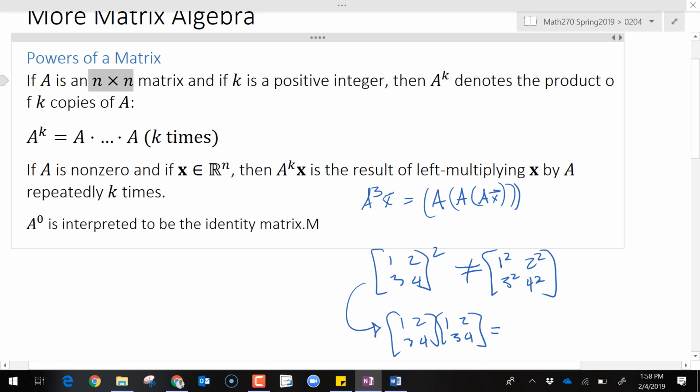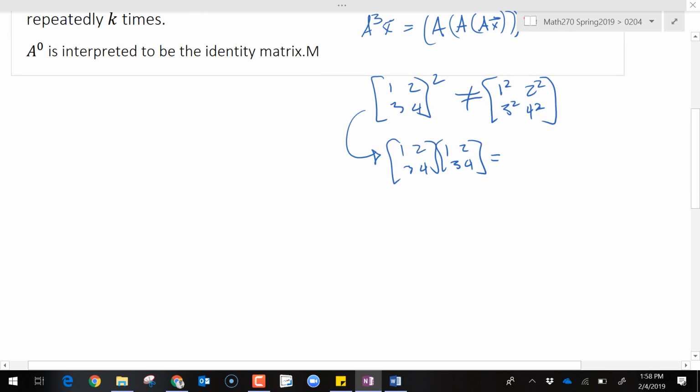It just means it's a square matrix. So 2 by 2, 3 by 3, 4 by 4. And you can't square a rectangular matrix because a 2 by 3 times a 2 by 3 wouldn't work. It must be a square matrix. Otherwise, the general rules won't hold.